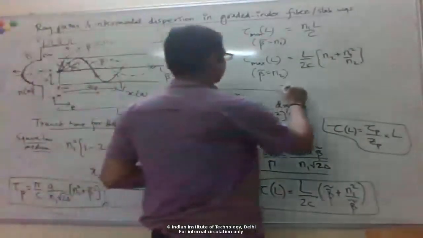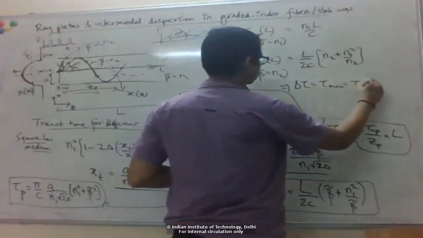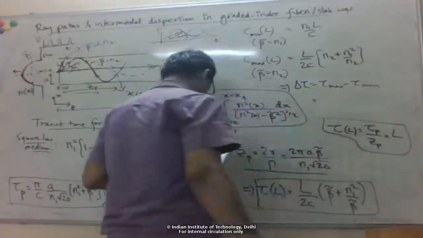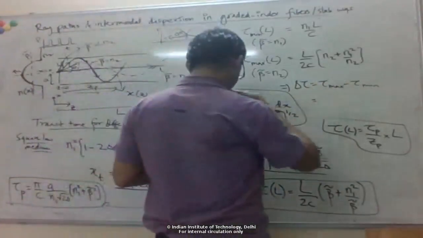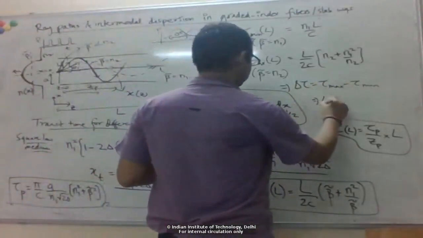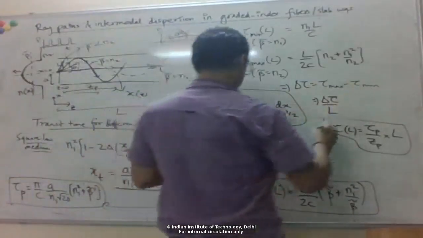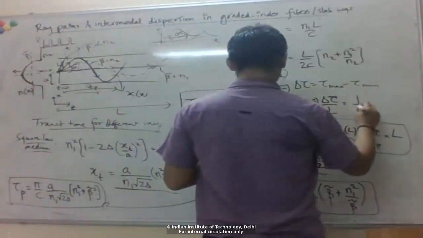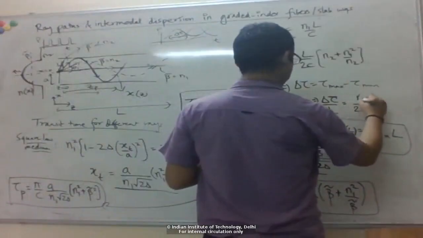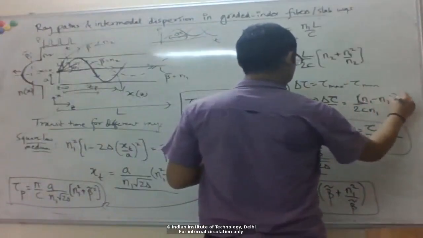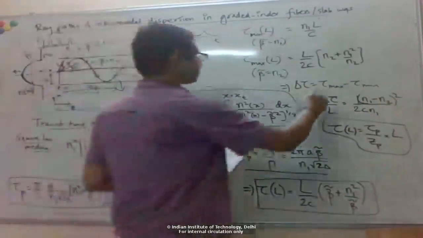Okay, so the amount of broadening is the difference. Basically, we can get this dispersion parameter, the broadening per unit length, like that.